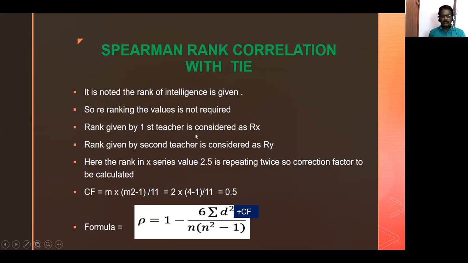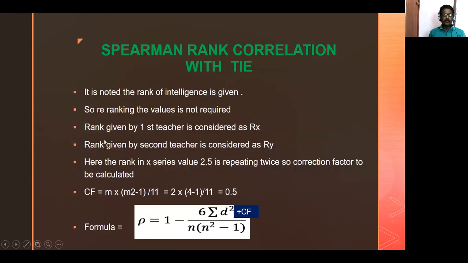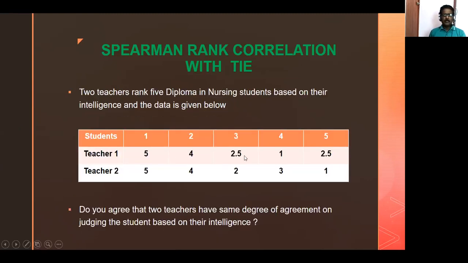The rank given by the first teacher is considered as Rx, and the rank given by the second teacher is considered as Ry. Here in the X series, the rank 2.5 is repeating twice; the third person and fifth person are getting 2.5 rank.